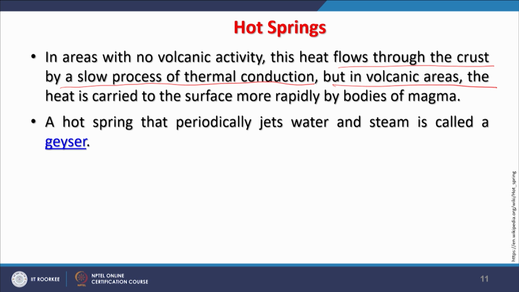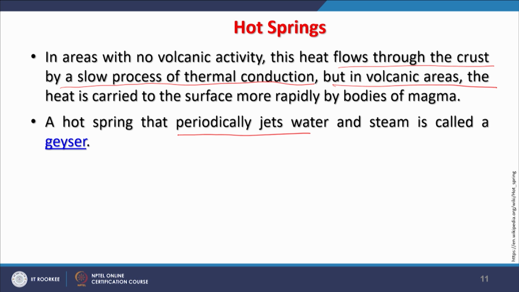As we have discussed, a hot spring that periodically jets water and steam is called a geyser, and the best examples of geysers are in Iceland. Though the name of the country is Iceland, it has very good geysers and very good generation of geothermal energy through these geysers. It is periodic, not continuous like in our country, where the hot springs continuously discharge hot water.